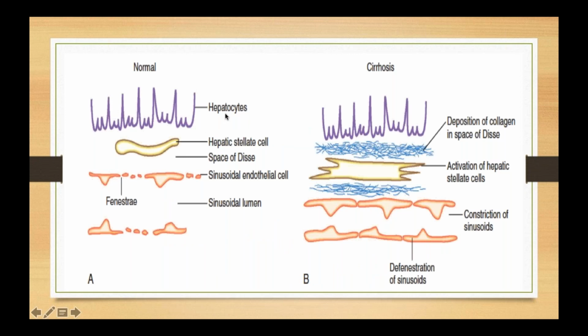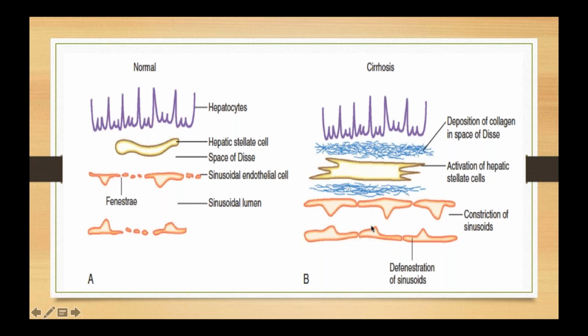So this is a diagram showing the hepatocyte and the stellate cell. As I told you earlier, activation of the stellate cell forms collagen deposition in the space of Disse and causes fibrosis, and the sinusoidal lumen ultimately contracts. Like this was so large here, the sinusoidal lumen, now it contracts.